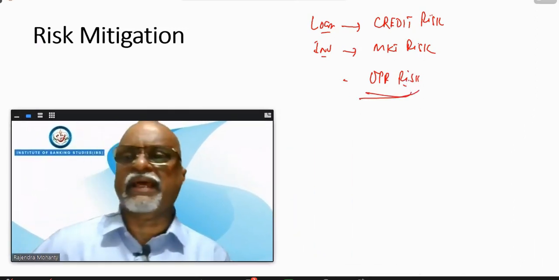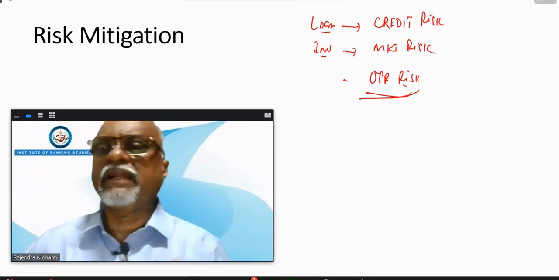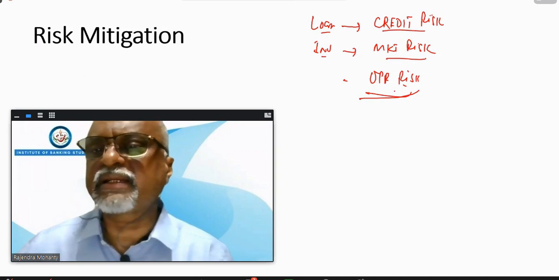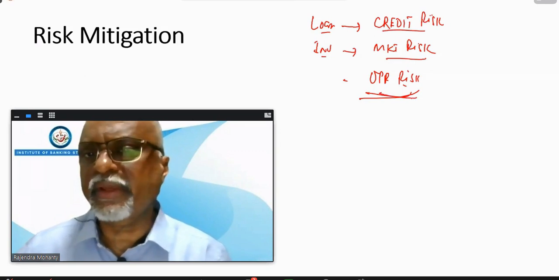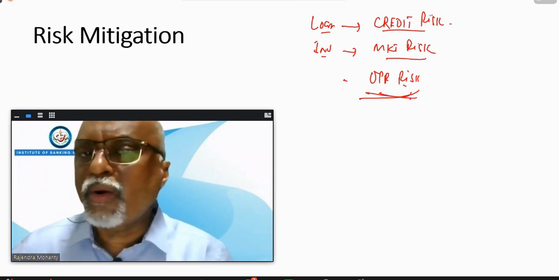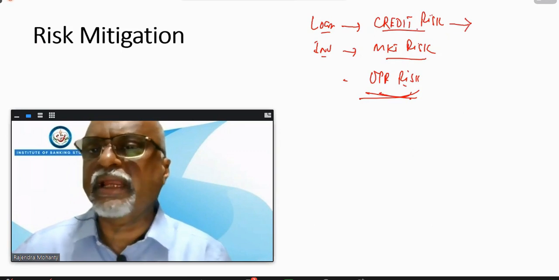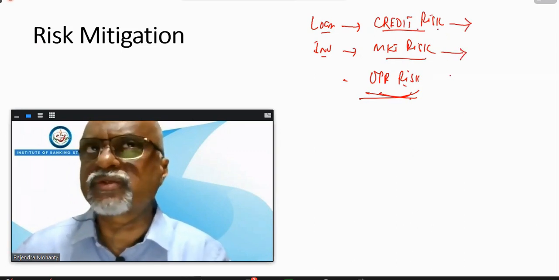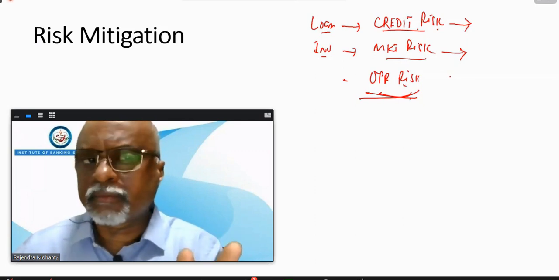And apart from loans and investments, everywhere operational risk is there, on the liability side as well. So entire banking risks are categorically divided into 3 major types: credit risk, market risk, and operational risk.